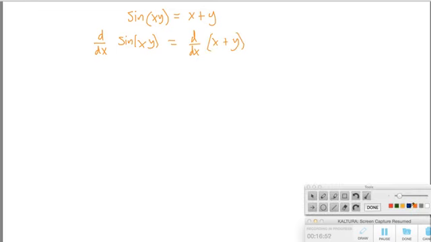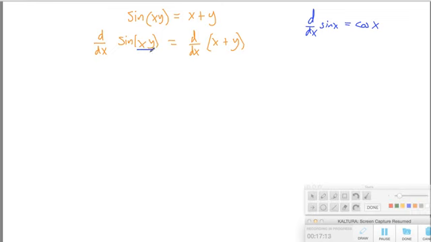Now, derivative of sine is cosine, right? So we know that here we're going to be dealing with cosine. But the biggest issue is that what we've got inside of the sine function is actually a product of two functions.